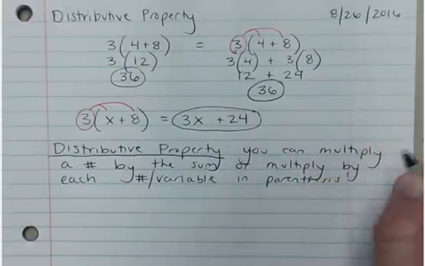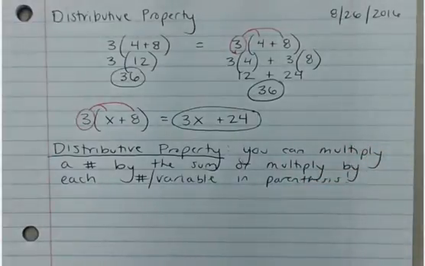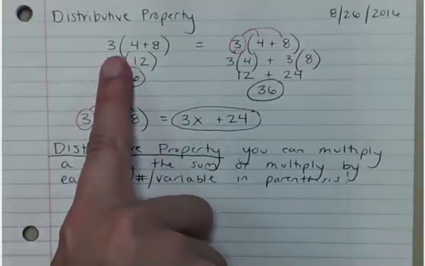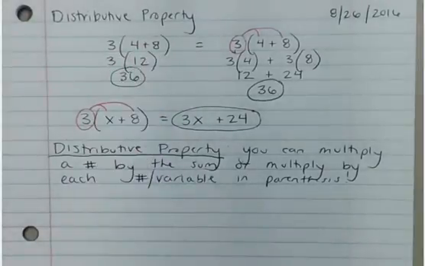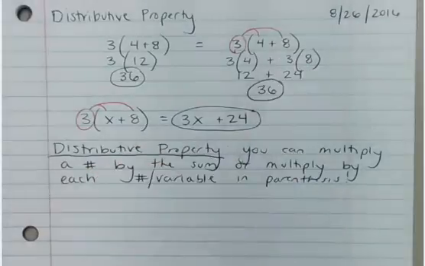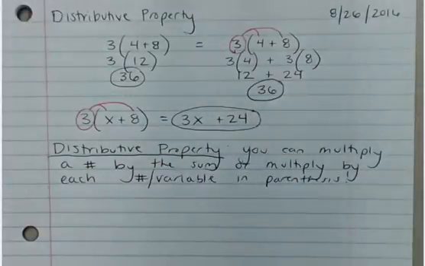Give you a second to write that down. Distributive property is you can multiply a number by the sum, which is what we did here. I added this up, then I multiplied. Or we can multiply each number or variable in the parentheses, which would be our distributive property over here.